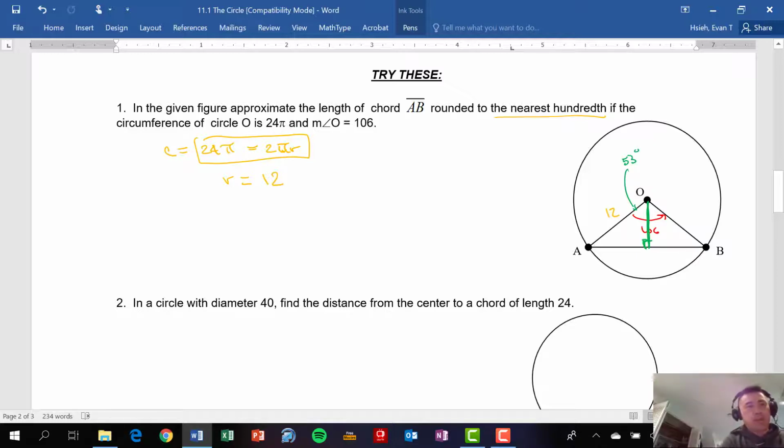And I can do some trigonometry using sine. So sine of 53 is equal to, let's call this side x, over 12. Plug that in my calculator. X is equal to whatever 12 sine 53 is. Double that and you'll get, I think, 19.17 here. I'm looking at my cheat sheet over on the side here.